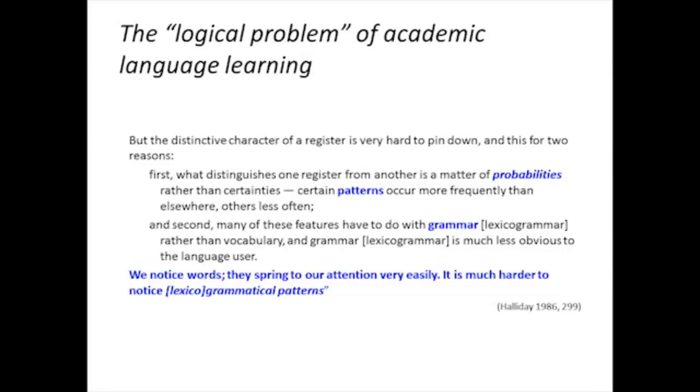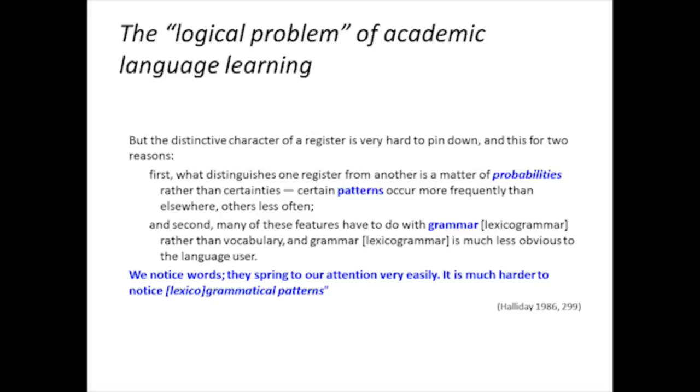So you might say that there's sort of a logical problem to academic language learning, in the sense that a register, here the academic register, is distinctive in terms of probabilities rather than certainties. A register, the academic register, still uses English, but it has different patterns from day-to-day English.